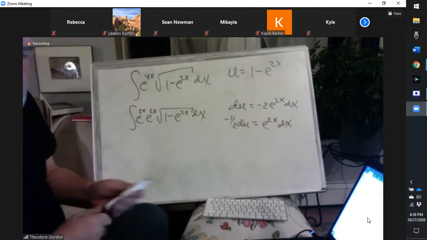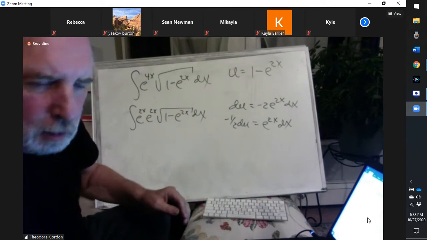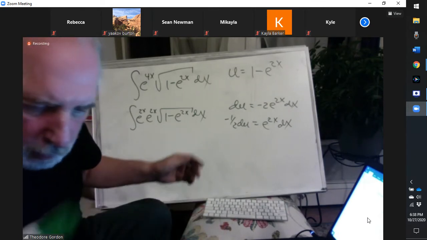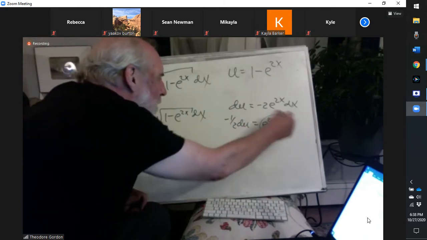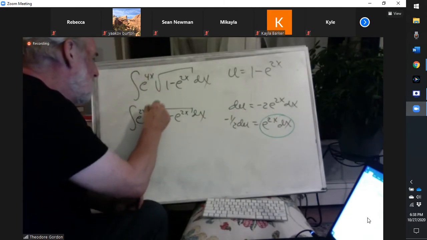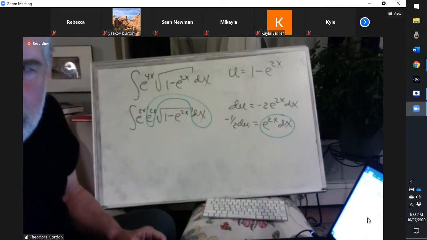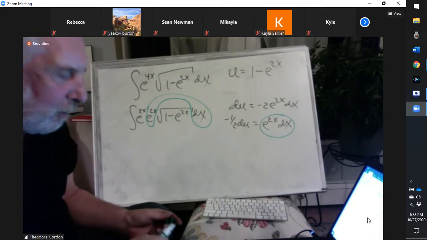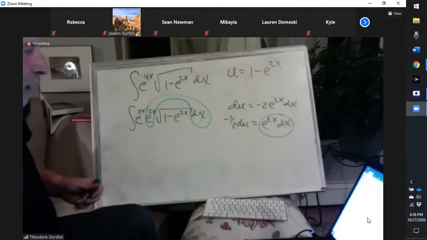Okay, so now we're down to there. And there's e to the 2x dx right there. I hope you can see these colors okay. So now our integral looks like this.